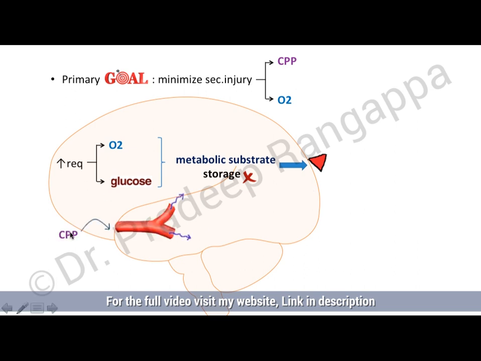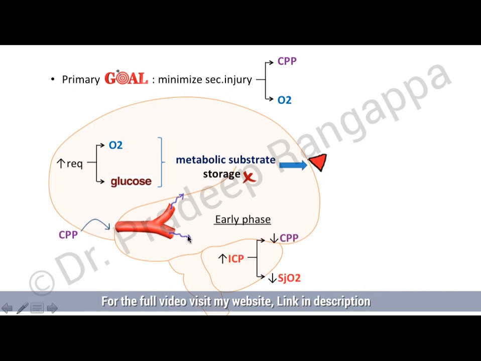So why is cerebral perfusion pressure important? What we have tried to correlate is that cerebral perfusion pressure is taken as a surrogate or as an indicator of cerebral blood flow. So here again we are trying to have a linear correlation between the pressure and flow. In intensive care, I think this is where we have had problems. In the early phase of any traumatic brain injury, there is an increase in the intracranial pressure.